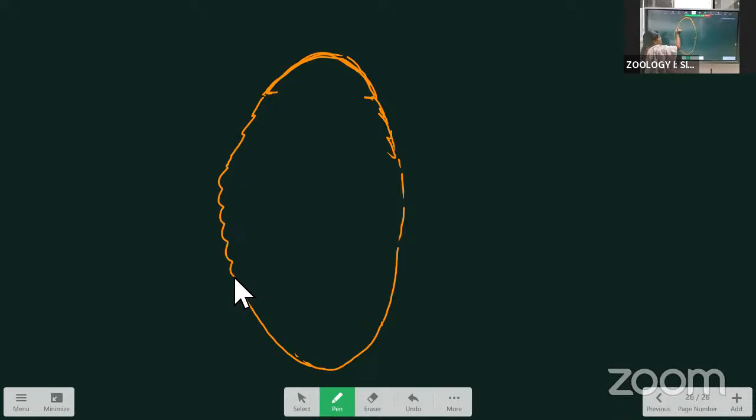In the thoracic region, 3 segments, and in the abdominal region, ten segments. This side also the same.